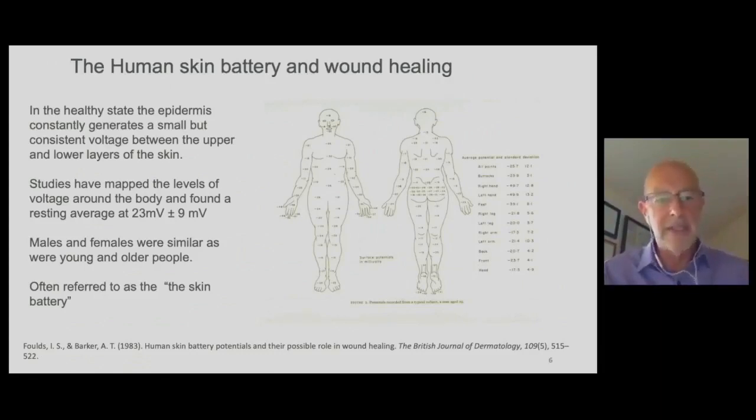And studies have mapped the level of voltage around the body and found on average there's about 23 millivolts, but different areas like the palms of the hands have quite a high potential, and other areas have less. Males and females are pretty similar, and so are young and old, actually. And because this electricity is stored, it's not flowing, it's the potential, it's often referred to as the skin battery.